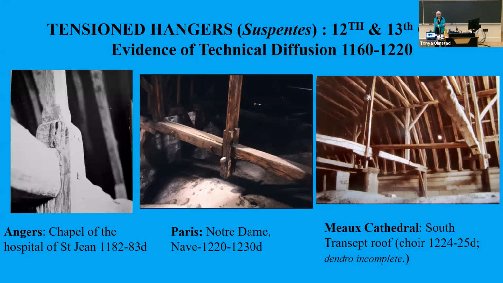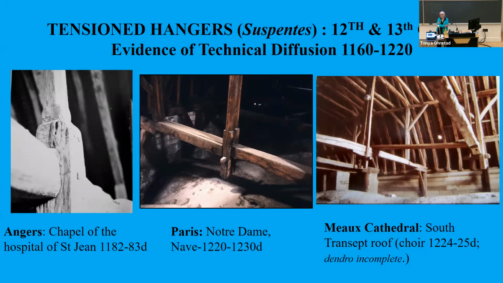What's interesting is that we see it around Paris. We see it at other places. And this earlier one on the far left at Angers, at the Chapel of St. John, has a huge span for this chapel, and there is this sort of proto-hanger.